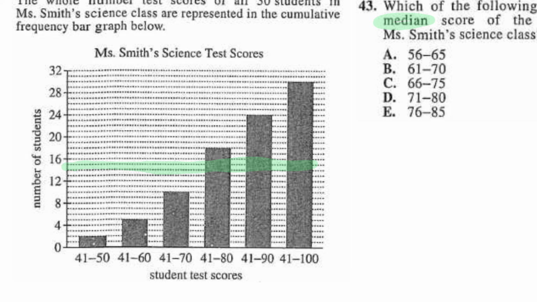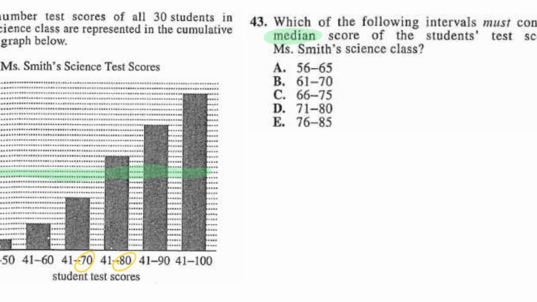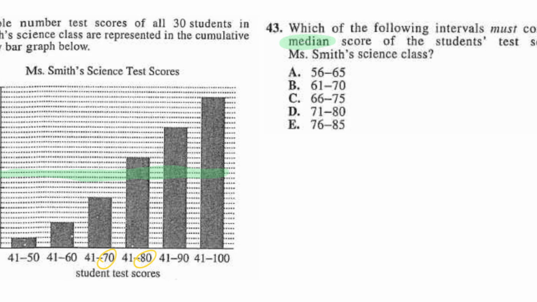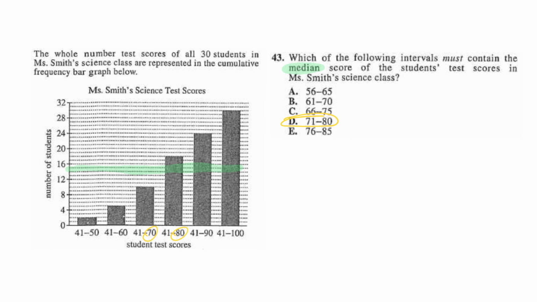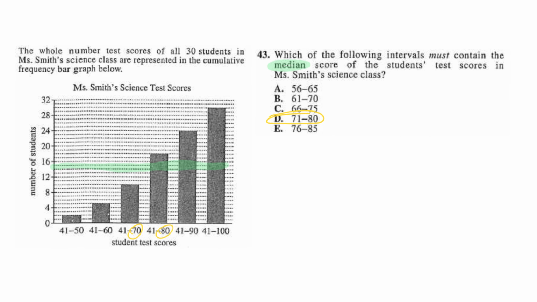What it is doing is it's happening between 70 and 80. So the interval that the median would be taking place would be somewhere between 71 and 80. Because the median is the middlemost score, and these are basically in order, so halfway between 30 would be 15.